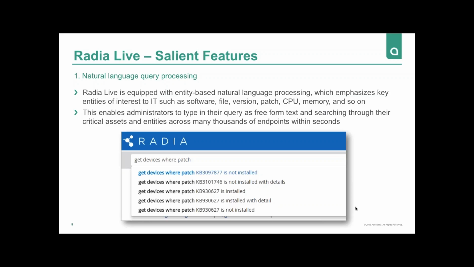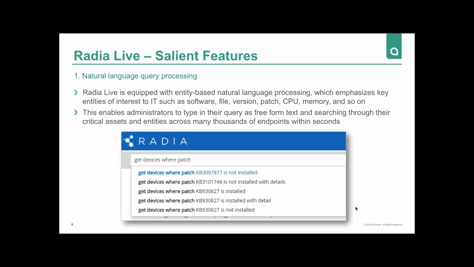So what we try to do is keep a very simple natural language query processing engine in the front end. The screen shows you how you can type your queries. You can say, for example, get devices where patch, and this is a bulletin number, is installed, is not installed, with details, or without details. That gives you a level of control on what kind of information you want to see back.